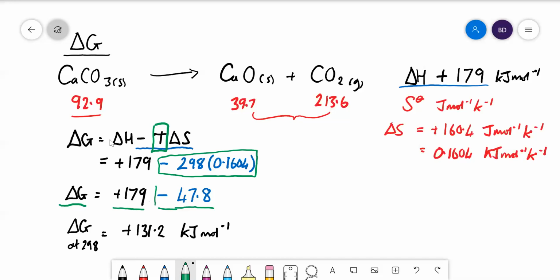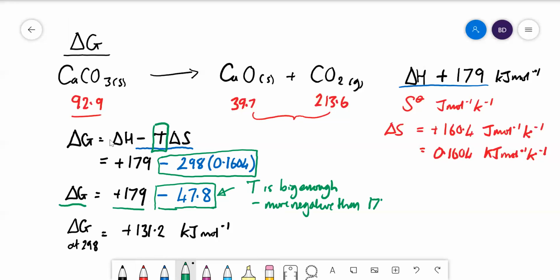And if T is big enough, this is going to become more negative than 179, and then the reaction becomes possible.